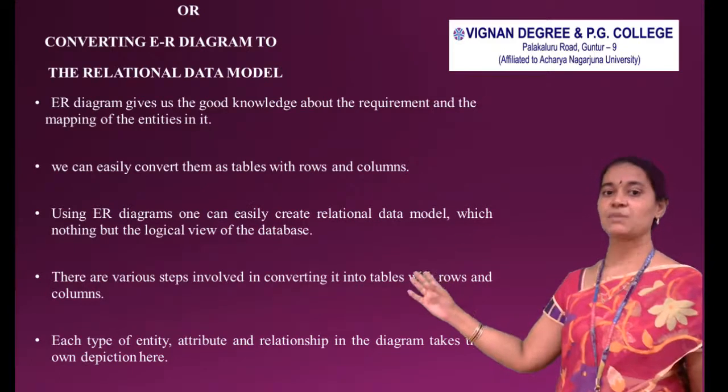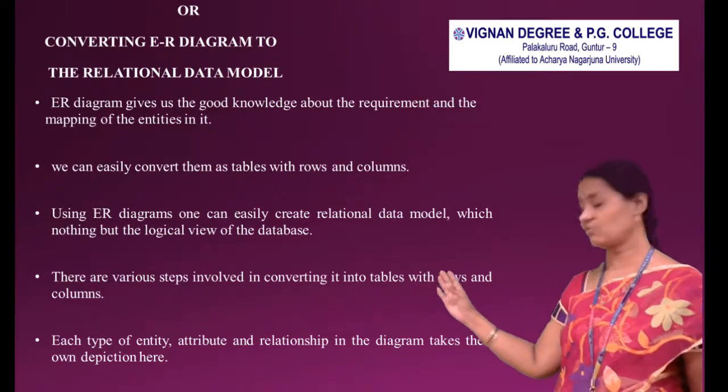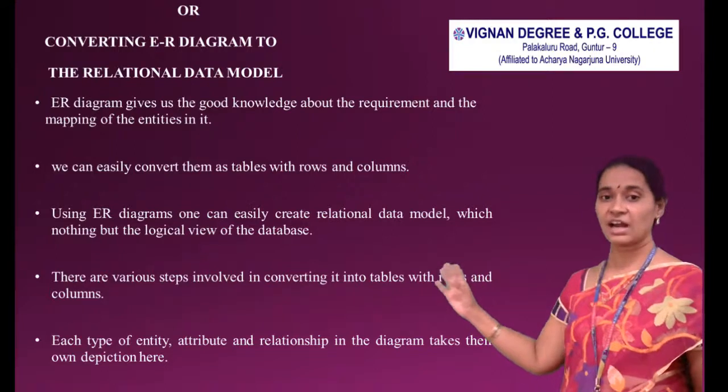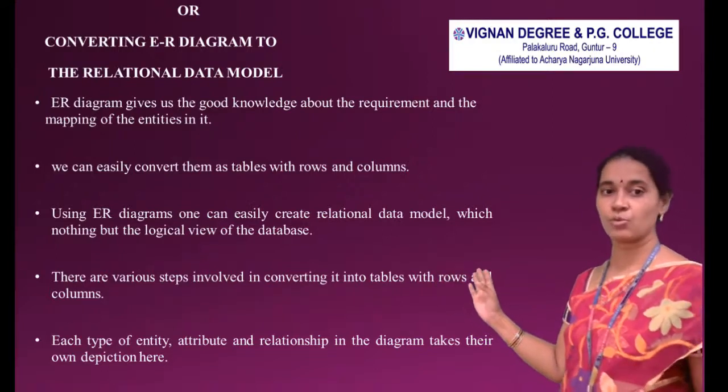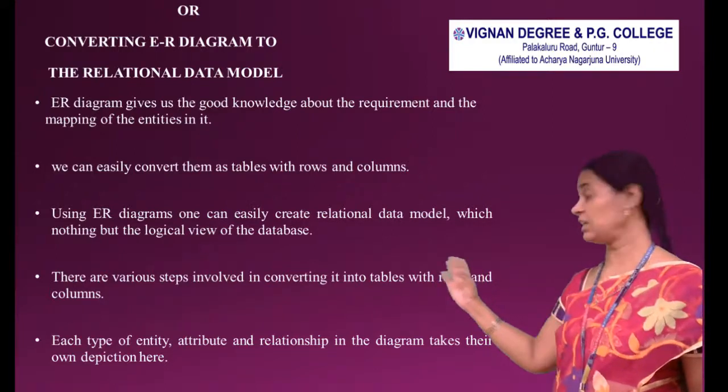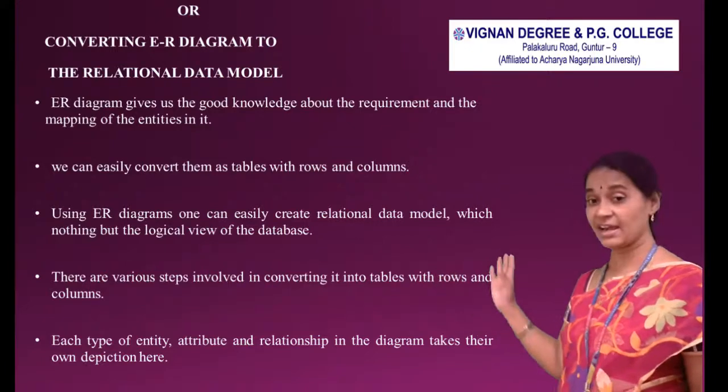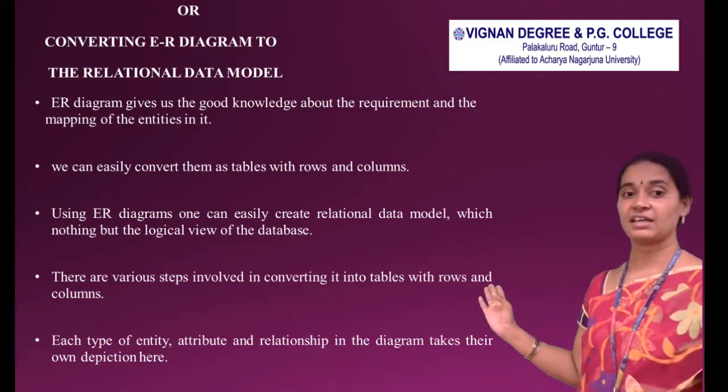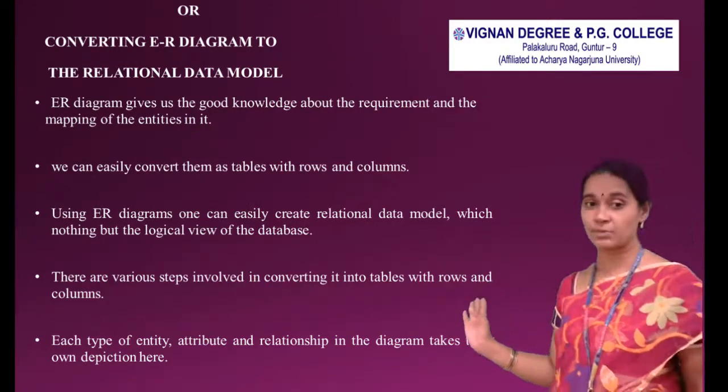There are various steps which are used for converting the ER diagram into tables with rows and columns. Each type of entity, attribute and relationship in the ER diagram has its own representation.